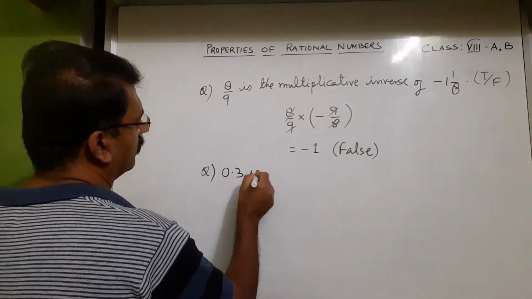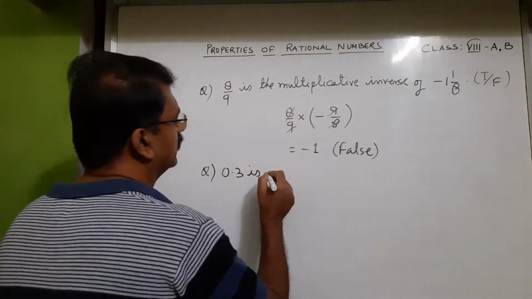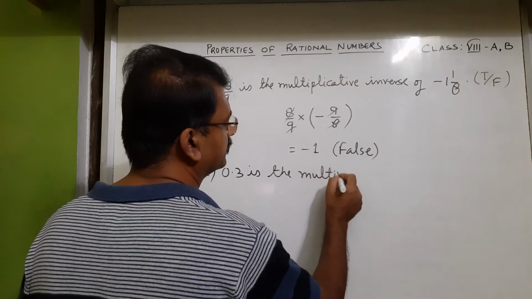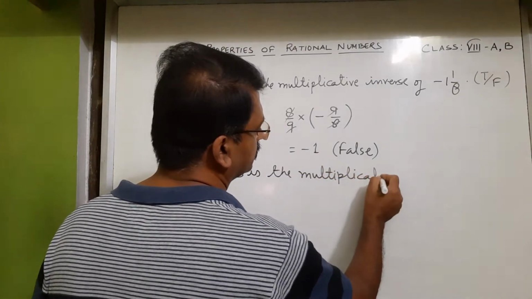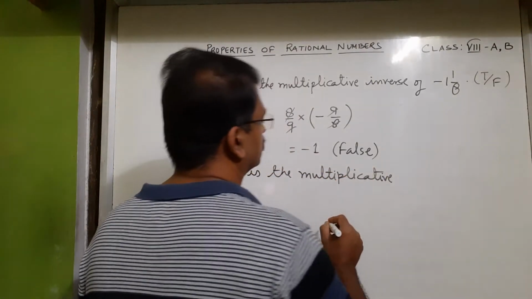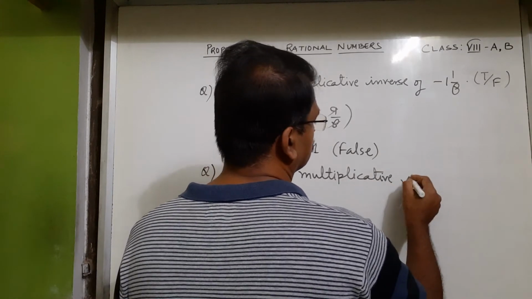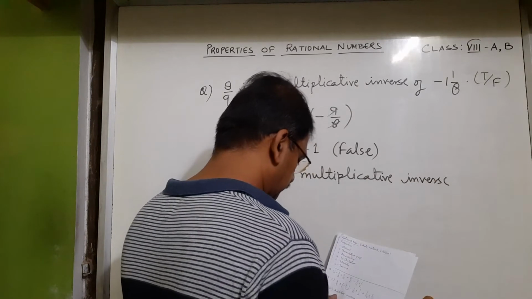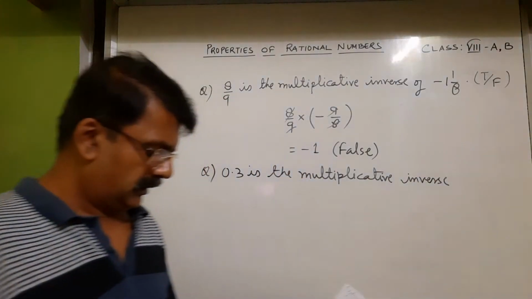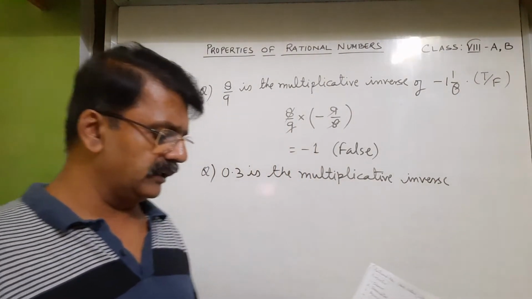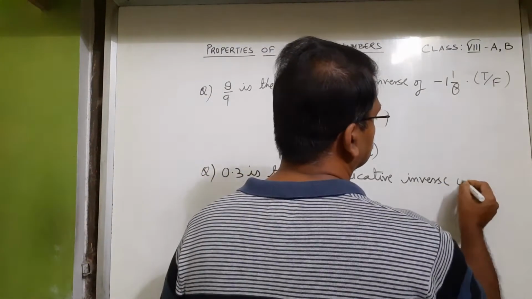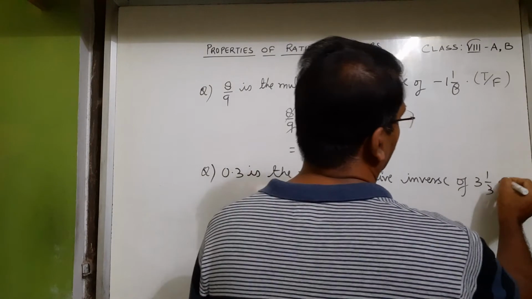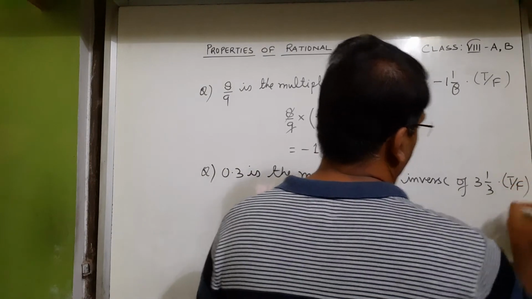0.3 is the multiplicative inverse of 3 whole 1 by 3. Again, we have to check whether it is true or false.